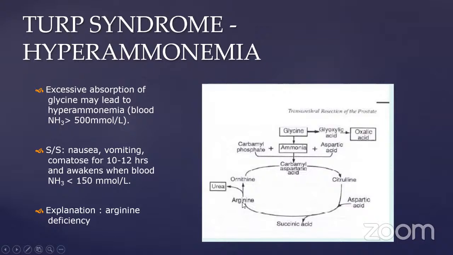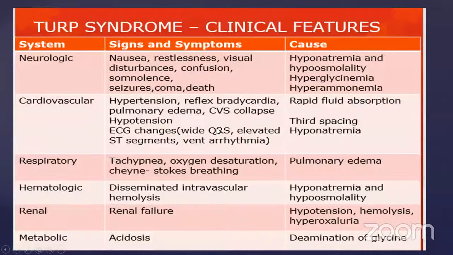In this process, arginine converts this complex into urea and ornithine. If there is arginine deficiency, it cannot be converted into urea, and the cycle cannot take place, which hinders this cycle and causes an increase in ammonia content in the blood, which causes hyperammonemia.